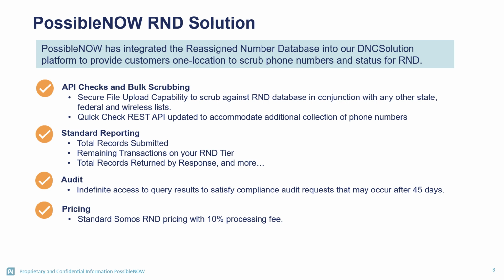We audit that as well. And then really as it relates to pricing for the reassigned number database, everyone's familiar with the R&D pricing that's published on the website. We just have a 10% processing fee on top of that so that companies can leverage R&D scrubbing right through DNC solution as well.